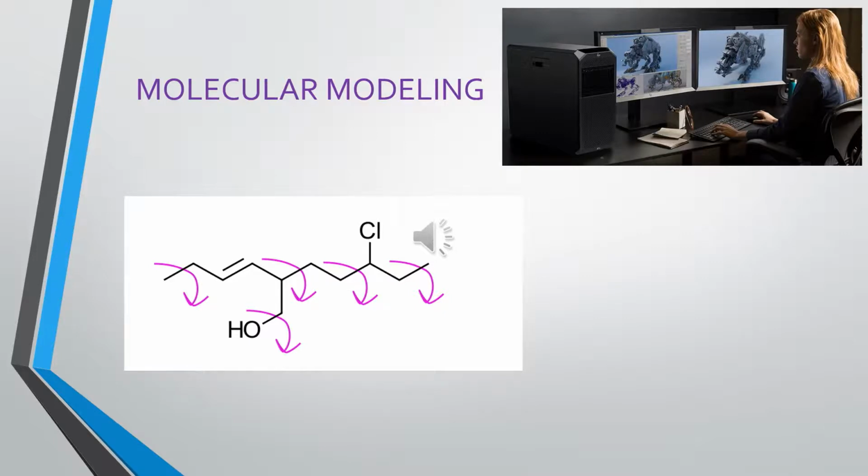Okay, so this is just a little bit of an aside. I said that we can go through this type of analysis for any simple molecule. Appreciate that as the complexity of the molecule increases, let's take a look at this as an example. Here we have, let's see, 2, 3, 4, 5, 6, 7, 8, 9, 10, 11, an 11 carbon compound or molecule, with a chlorine substituent, with a hydroxyl substituent, with a double bond.